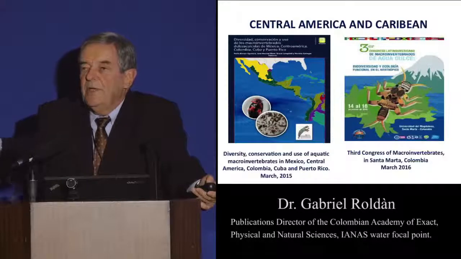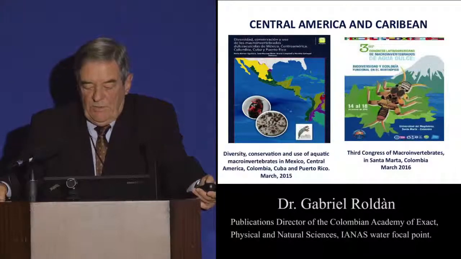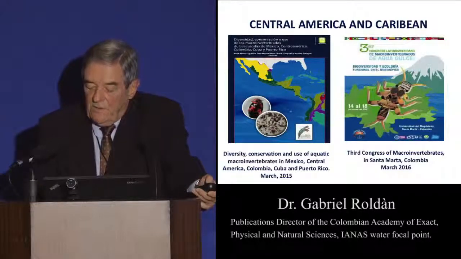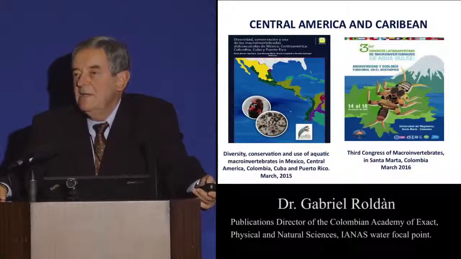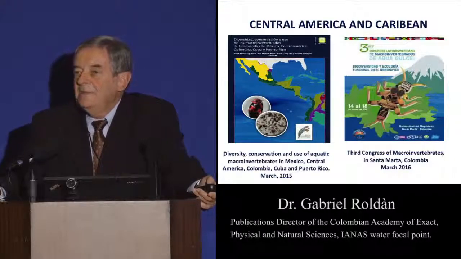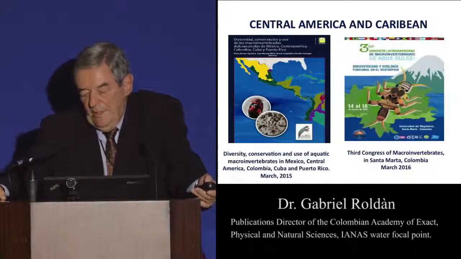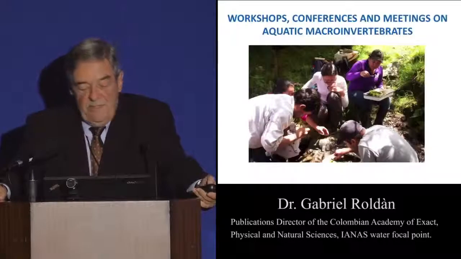This book came out of print 4 months ago. And we are going to have the 3rd Congress on macroinvertebrates in Santa Marta, Colombia. This is by the net from Central America, and it is going to be at the beginning of next year.